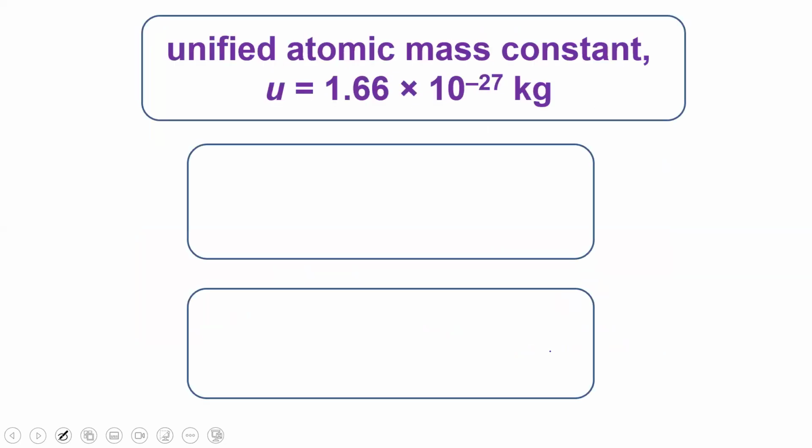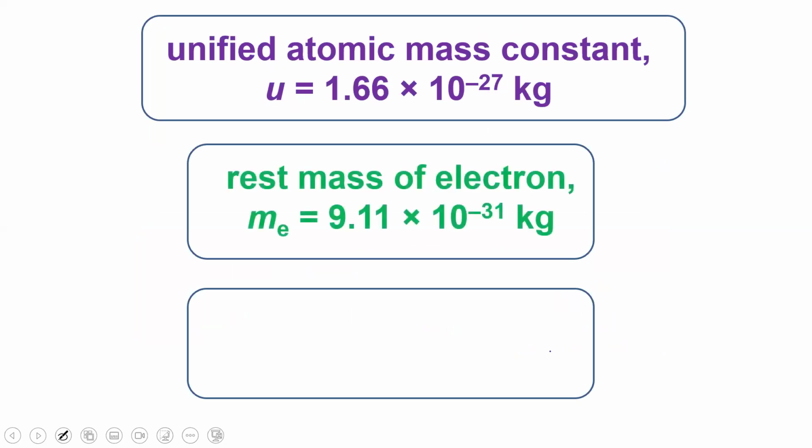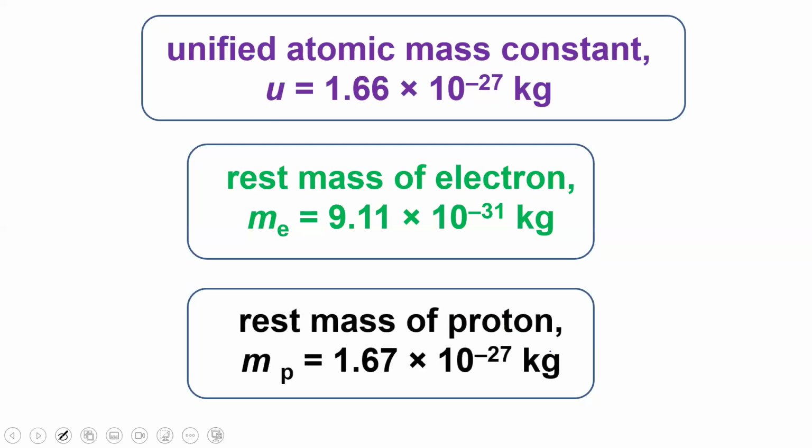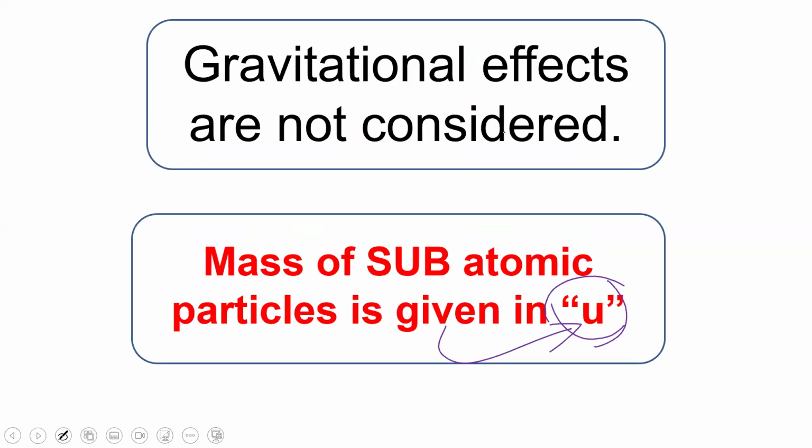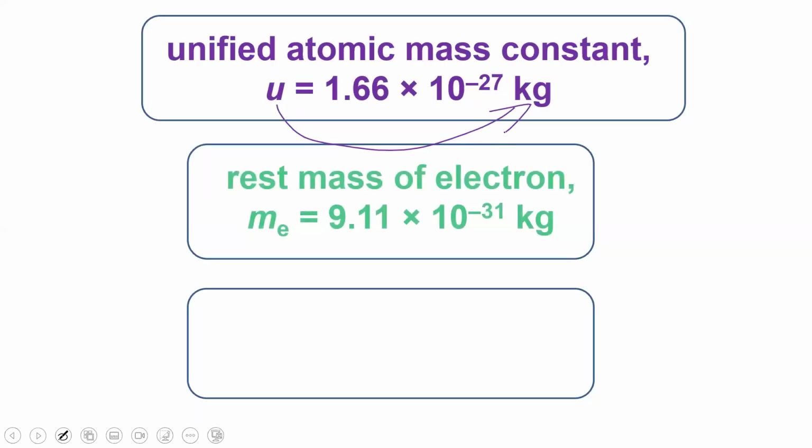Look at the conversions given in the formula booklet: 1.66 times 10 to the power minus 27, the rest mass of an electron and the rest mass of a proton. These values are all given. My concept is that for microscopic particles, masses are given in u, and you have to convert them into kg.